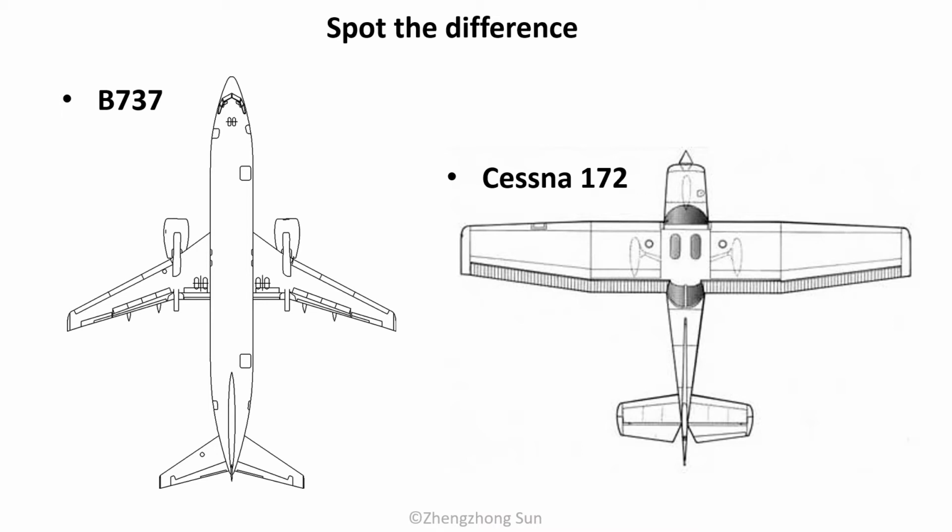which means the jet engine can fly faster than the propeller engine, but it's not very relevant to our transonic aerodynamics. So what other difference can we spot? Now we can notice the Boeing 737 has a swept angle for the wing. On the other hand, on the Cessna 172, the wing is straight.